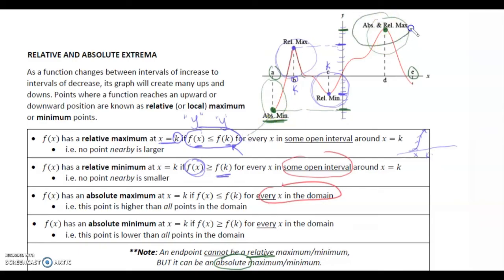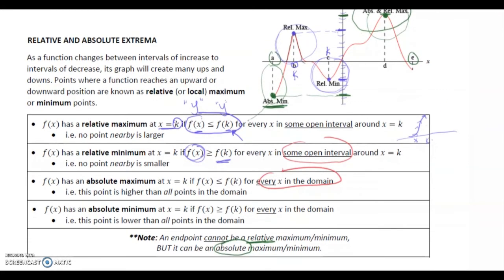But this one here is both an absolute max and a relative max. So pretty much by default, if it's absolute, then it's going to be relative as long as it's not an endpoint. Okay, lots of new jargon here.